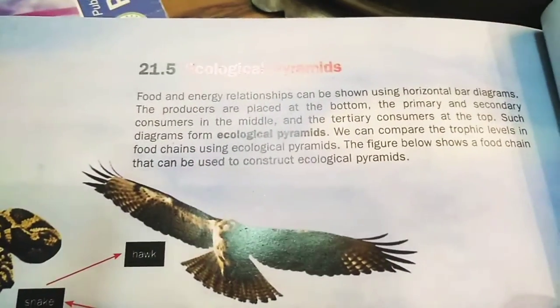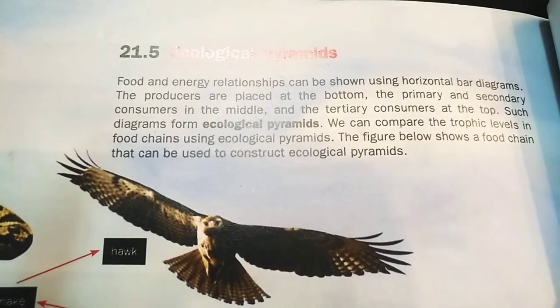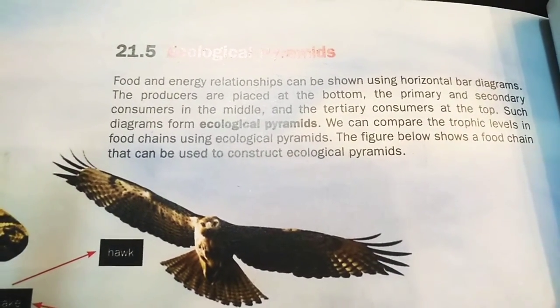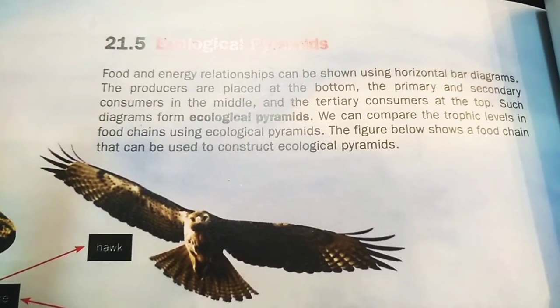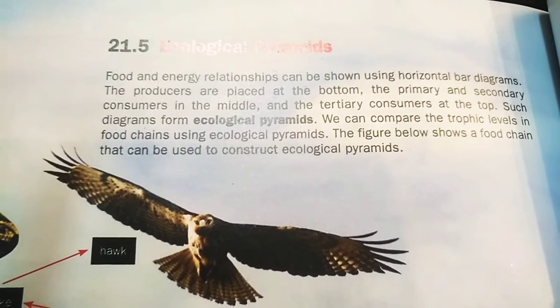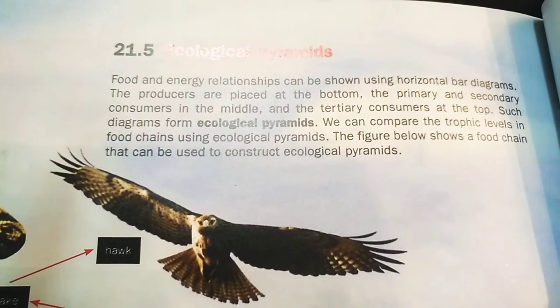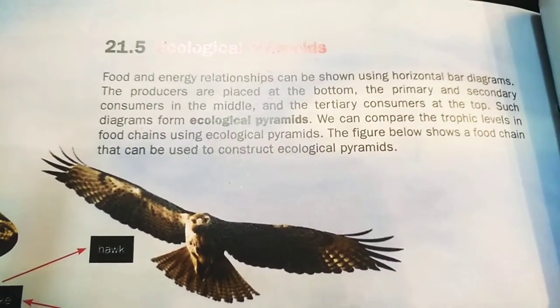Now come here, we can do the proper reading of your book. Food and energy relationships can be shown using horizontal bar diagrams. These bar diagrams are a graphical way of representing some data, and we can make these bars by having some numerical data, so numbers are involved in that.